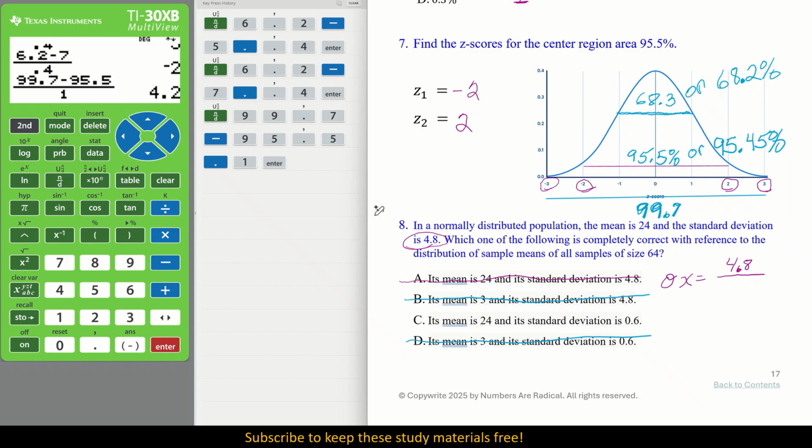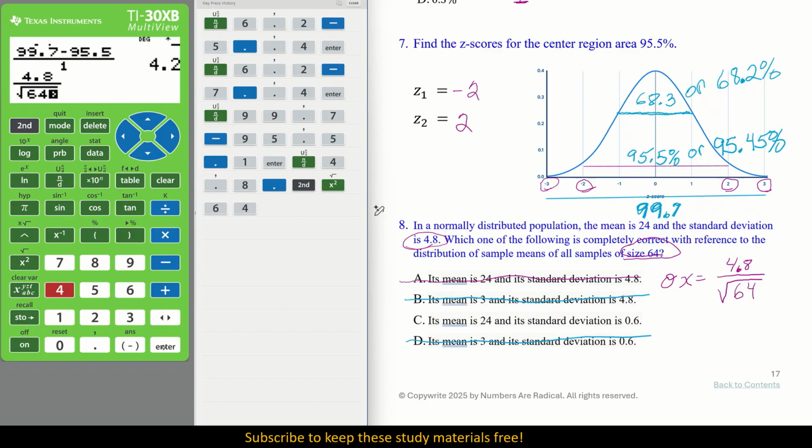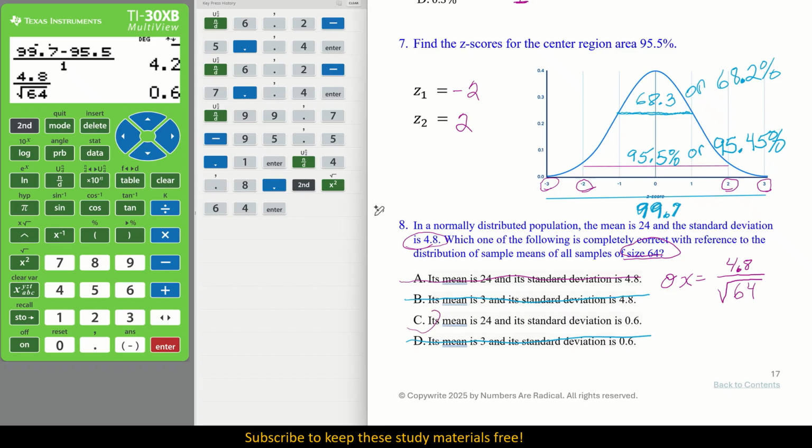Then you have to use the square root of the sample size, which is 64. Pop that in the calculator. You get 4.8 over the square root of 64, which would have been 8, by the way. But let's go with accuracy, and that gives us, of course, verifying option C.